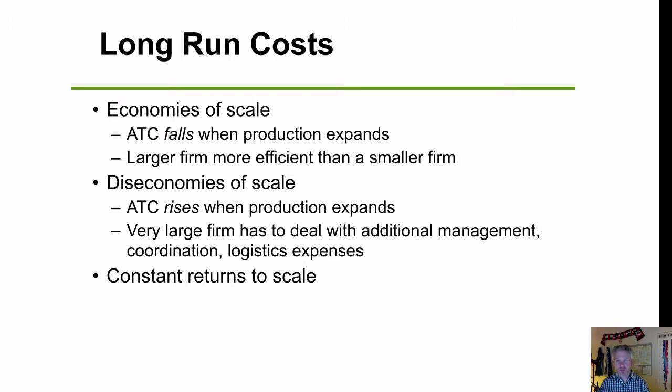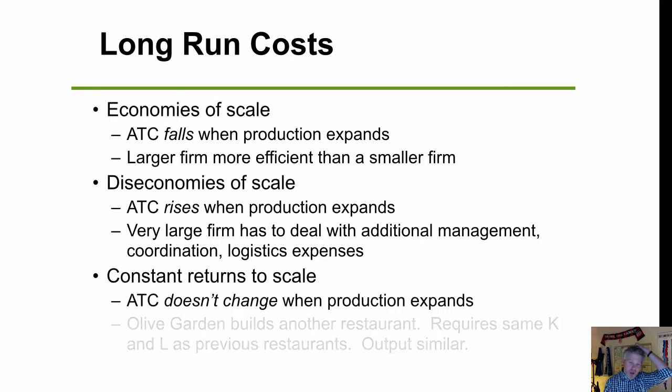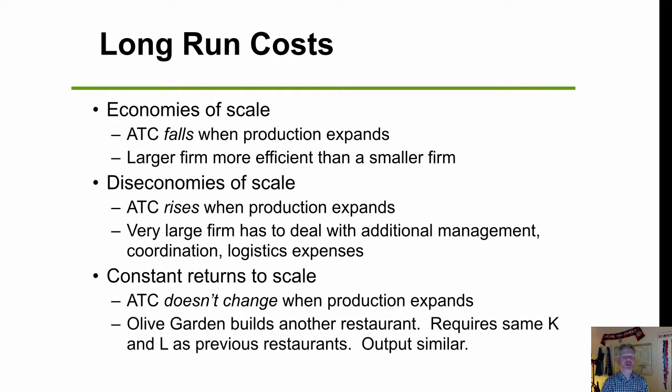Let me compare it. Constant returns to scale, I probably should have started with constant returns, means that you don't have diseconomies or economies. Your average total cost doesn't change when production expands. So Olive Garden builds another restaurant. It requires the same amount of capital and labor as a previous restaurant, so output is similar. So let's start with constant returns. As you double your production, if your average total cost stays the same, you have constant returns to scale.